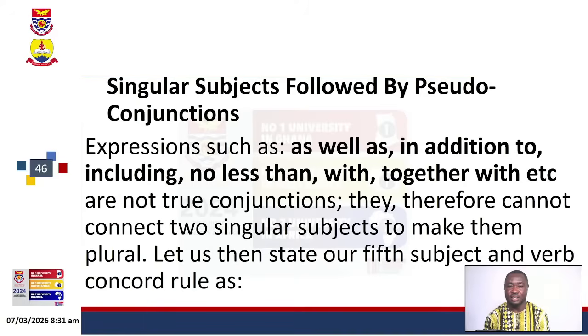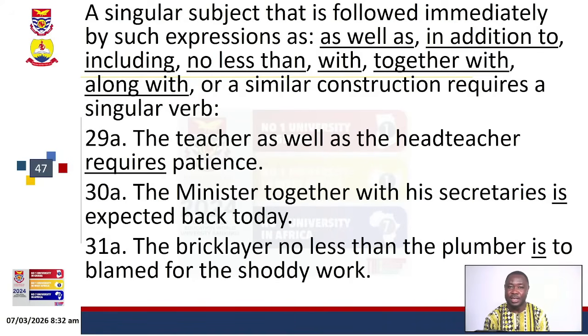Let us then state our fifth subject and verb concord rule. That will be a singular subject that is followed immediately by expressions such as well as, in addition to, including, no less than, with, together with, along with, or any similar such construction requires a singular verb.